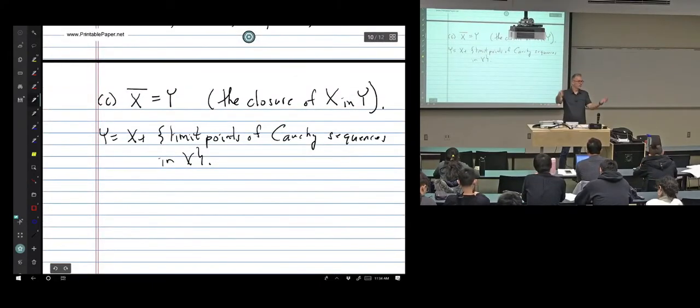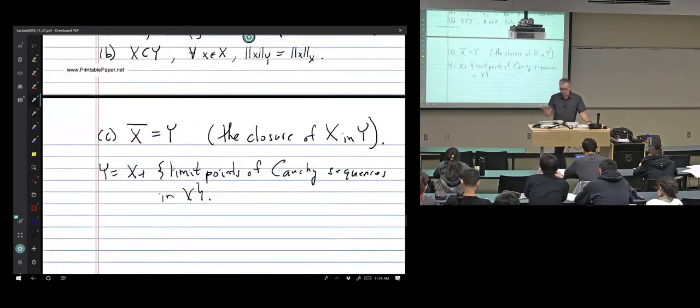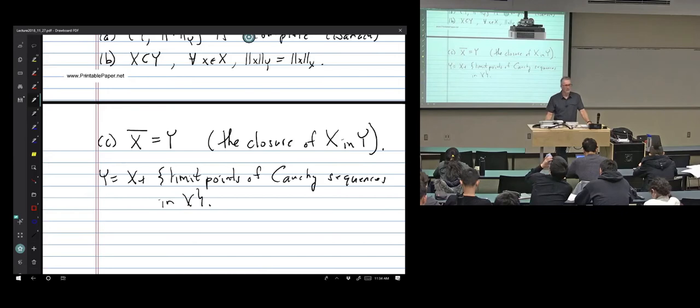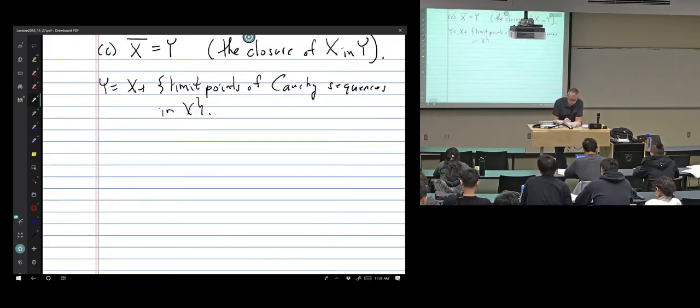Okay, and so that's where you need the extra mathematics, but if you formulate your problem in the completion of your vector space, then Cauchy is enough. It'll automatically be complete. And the fact is, every normed space has a completion.